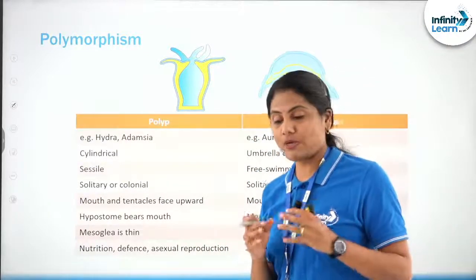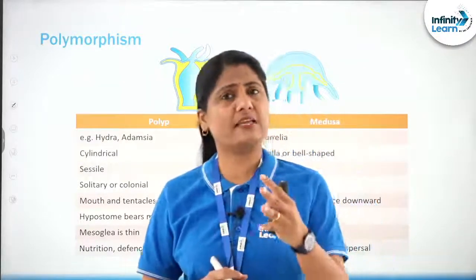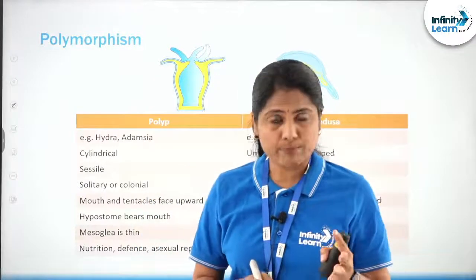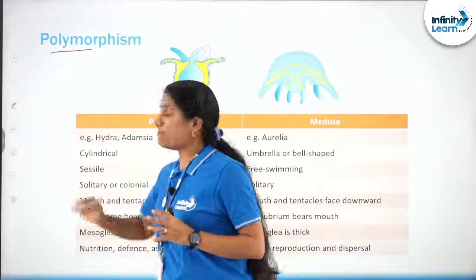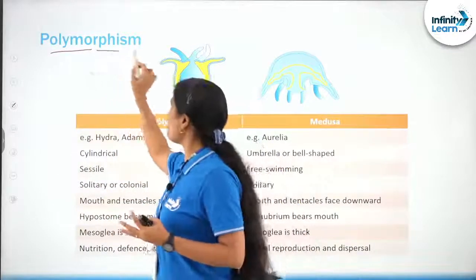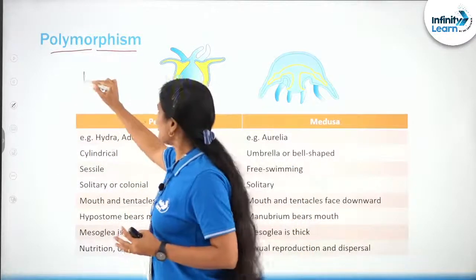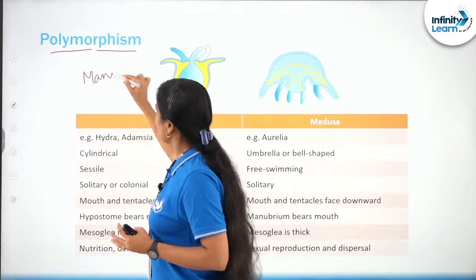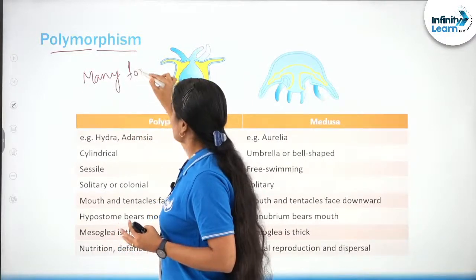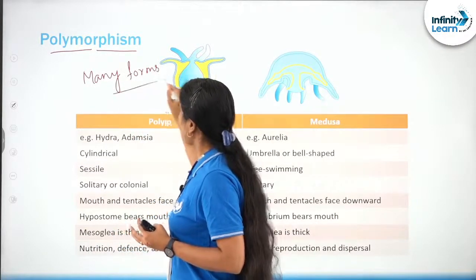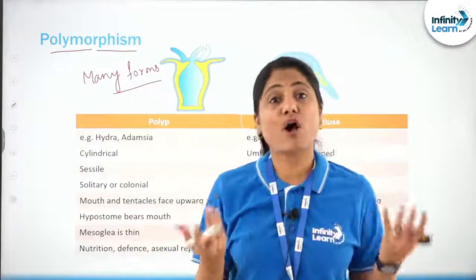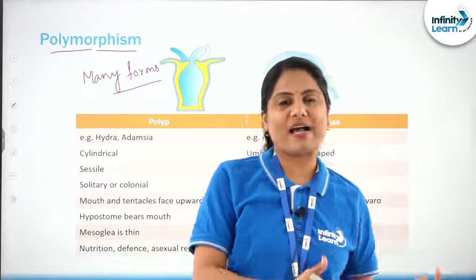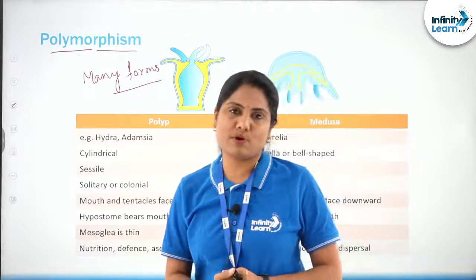Polymorphism is one of the important features, and from the very word, you can guess the meaning. Poly meaning many, morph is the form. So basically, in simple words, it is many forms. Each organism existing in different forms is the reason why this is referred to as polymorphism, right?